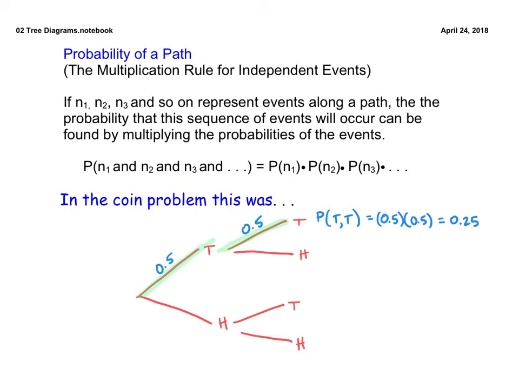So the chance of us flipping a tails and then a tails a second time is a 0.25 chance based on the multiplication rule. Let's say that I wanted to flip heads, which is 0.5, and I wanted to flip tails the second time. Well, then the probability of flipping heads and then flipping tails would simply be 0.5 multiplied by 0.5, which is, of course, the same thing. And so again, this is called the multiplication rule.